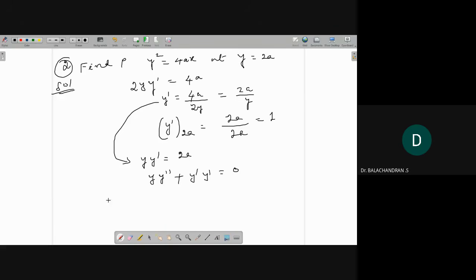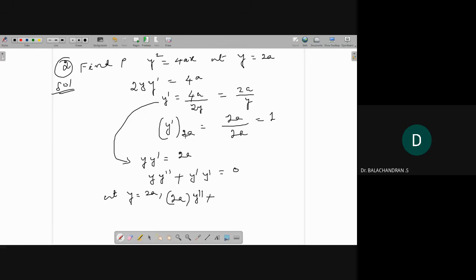So now directly calculate at y equal to 2a. Similarly, y dash at 2a and y double dash at 2a. So y at 2a means, instead of y, I am going to substitute 2a, and then y double dash, I need to find, plus y dash square.